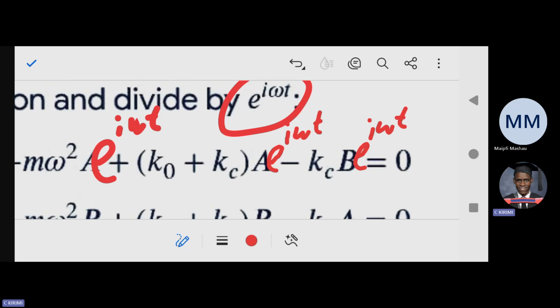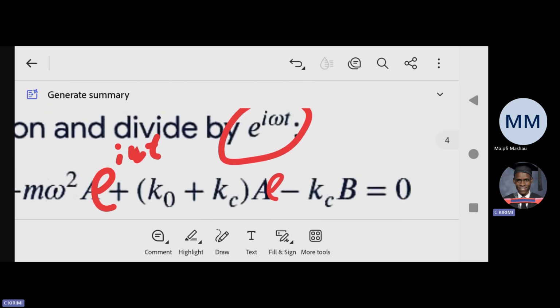That's why they said dividing both sides by e to the power i omega t, which means you divide this term by e to the power i omega t, and this you divide by e to the power i omega t. Zero divided by e to the power i omega t still gives 0, and these cancel. That's why our equation is no longer having e to the power i omega t. You get it? Why it disappeared? It's because you already divided by e to the power i omega t.